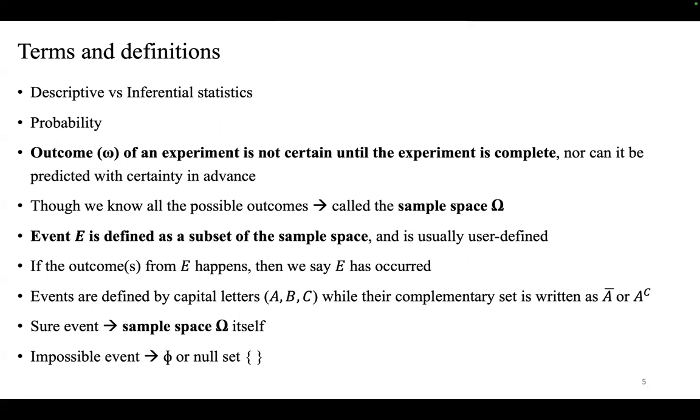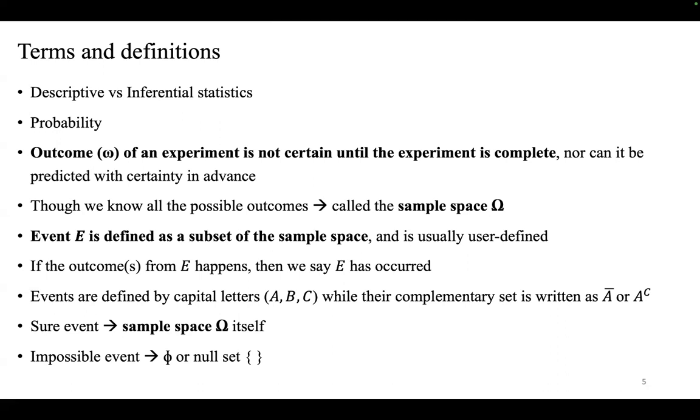You have a list of possible outcomes, but the exact outcome is not known. That sort of outcome is what we're talking about, and we would mostly denote it with this sign omega. It's not known and it cannot be known also because it is something random. But we know what all the possible outcomes can be.